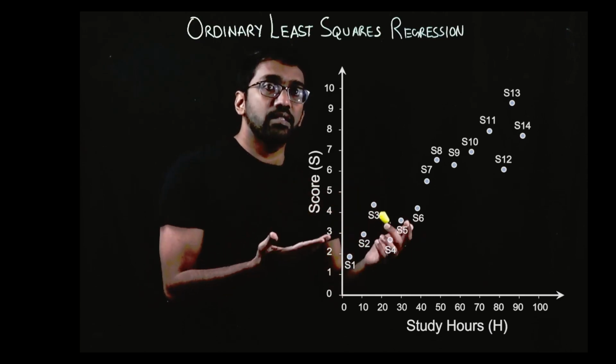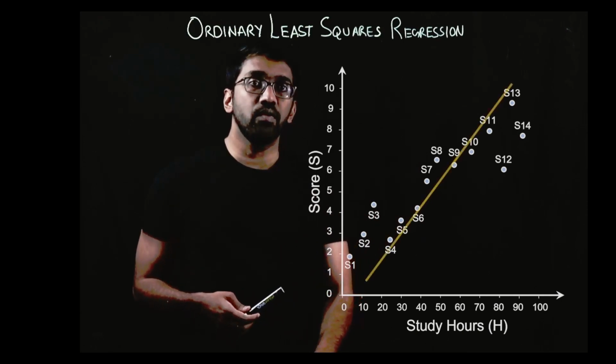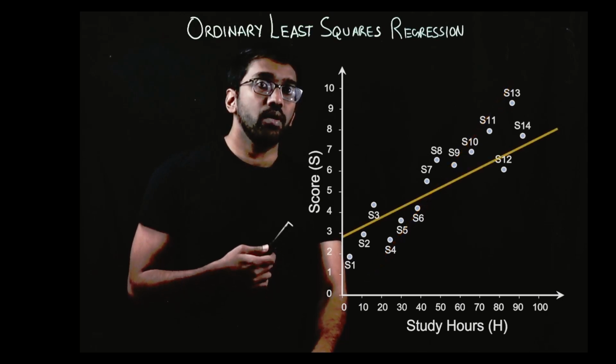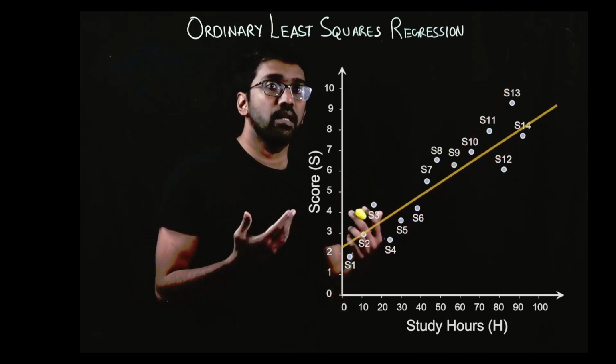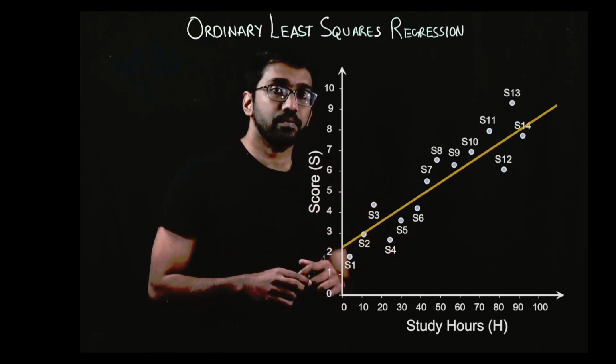There are different lines that you can fit onto this particular data set. For example, you can fit a line like this, which has a specific set of equations. You can fit a line like this or this. The question here is, which is the best line that best explains the relationship in this model?